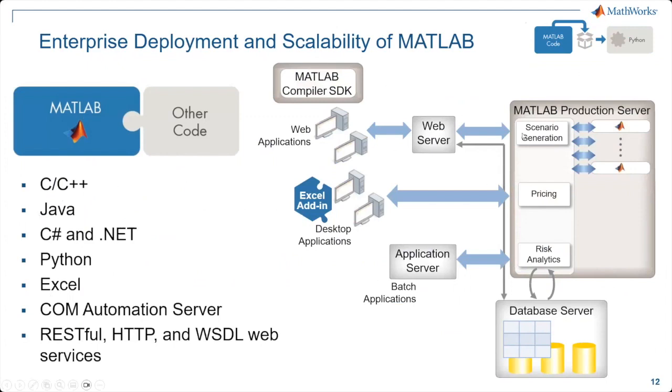In this case, we have Python. You can have web applications, Excel add-in, application server, so web app server. So there are multiple ways to deploy your MATLAB code, your Python code, C code, and Excel add-in as well, okay? You need to use this MATLAB Compiler SDK product.